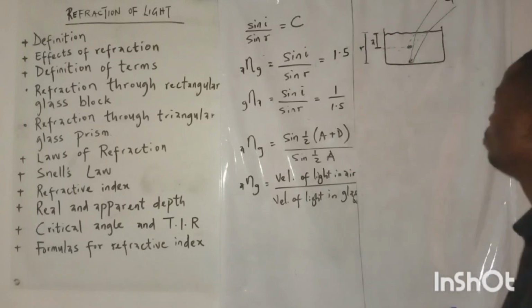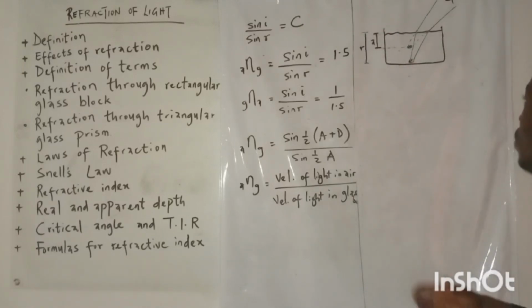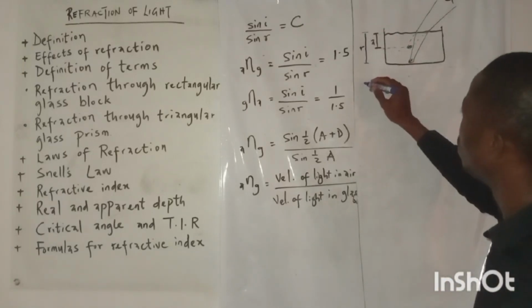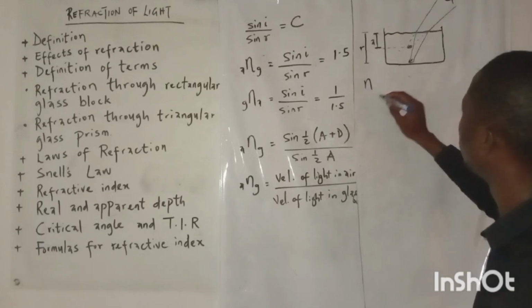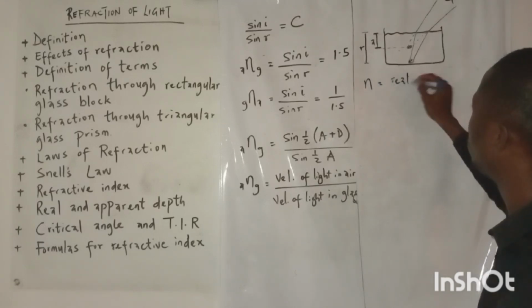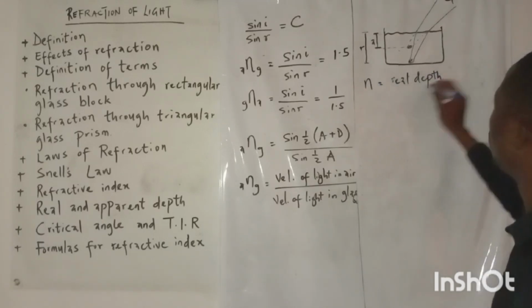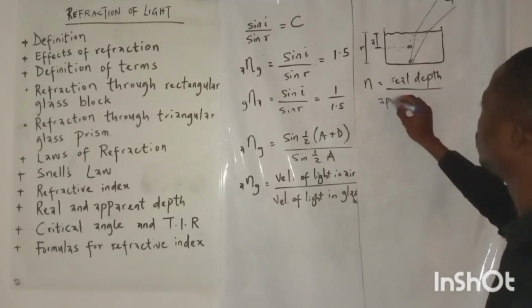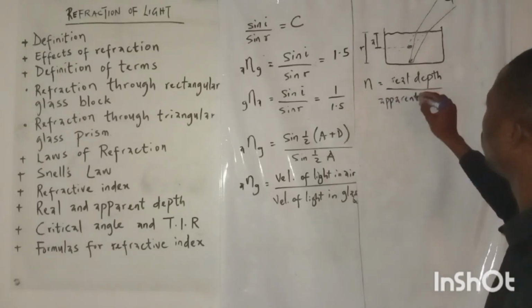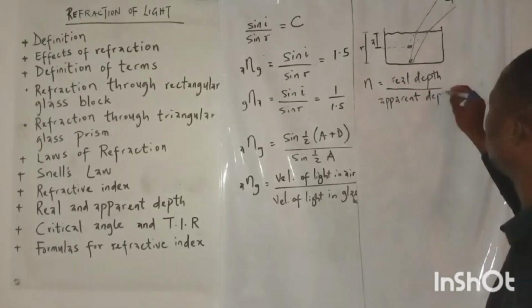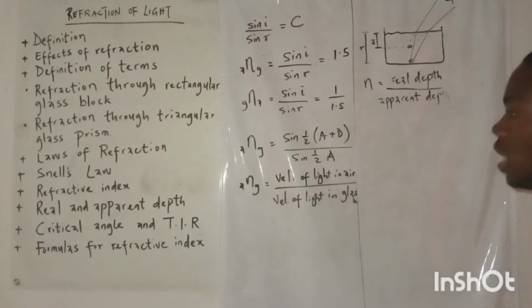So we have real depth and apparent depth. In this case, the refractive index will be equal to real depth over apparent depth.